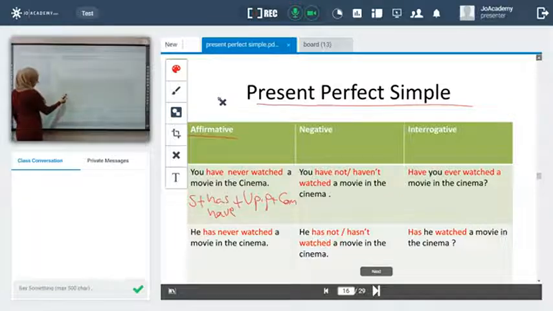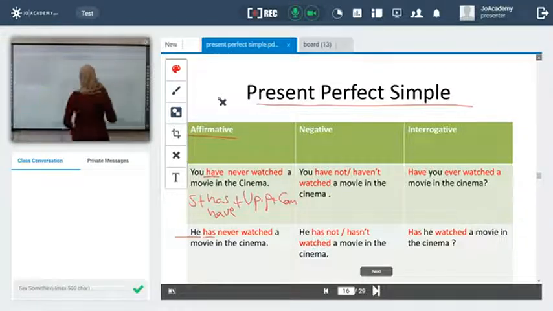So, you have never watched a movie in the cinema. If we're going to use third person singular pronouns like he, she, or it, we don't use have, we use has. So, he has never watched a movie in the cinema.